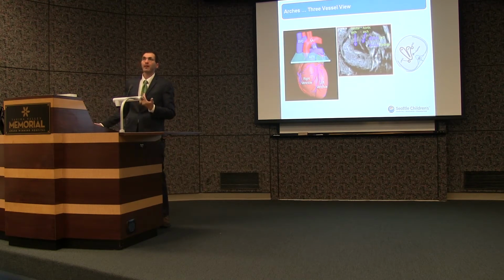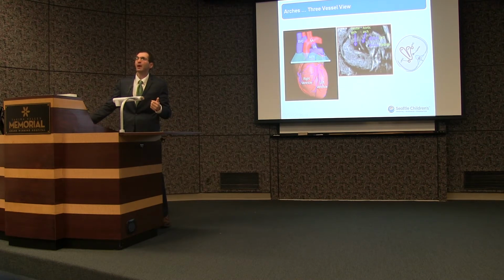And we talked a little bit about the three-vessel view, and I hope this example illustrates that. So if you're looking at the patient, here's their heart on the right side, on this side, and here's the left-hand side, and you're cutting through the level of these three vessels. You have the main pulmonary artery, the aorta, and then the superior vena cava. So imagine if you were at that level and looking down at the heart. This is actually reversed. Just kind of mentally flip it.